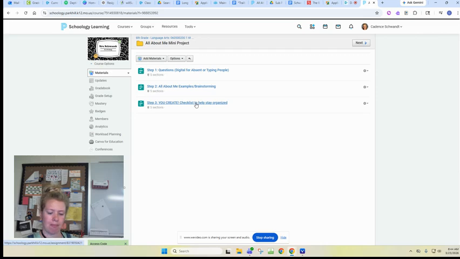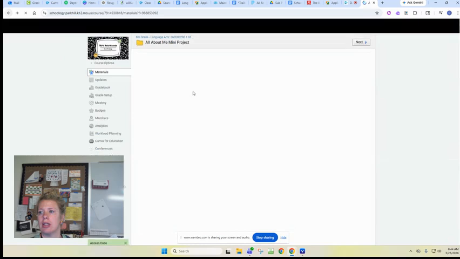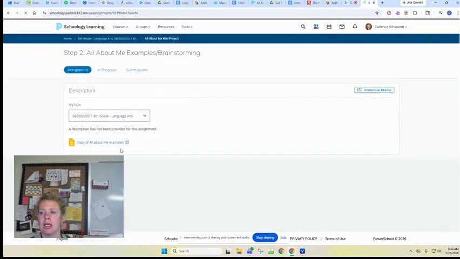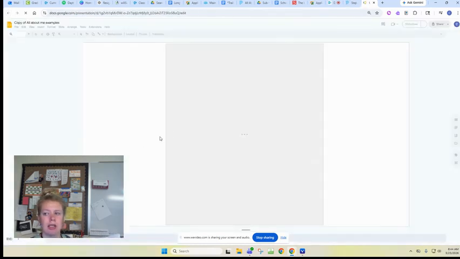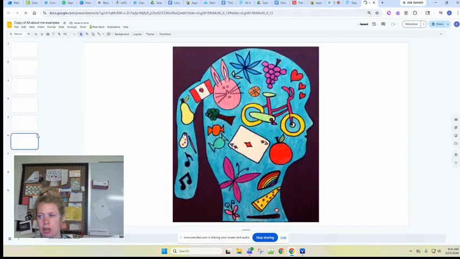You need to think of at least 10 visual representations. You can have no more than 10 words on it. Notice in the examples, they definitely have words, but it's mostly pictures.